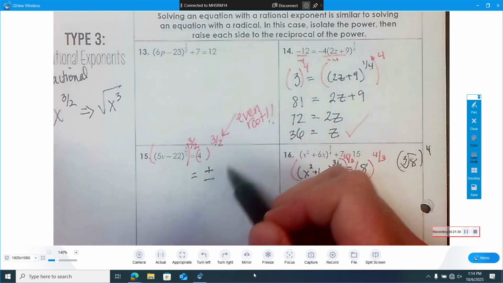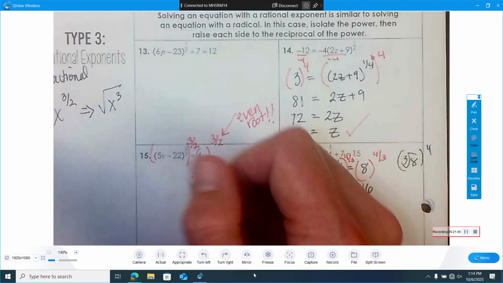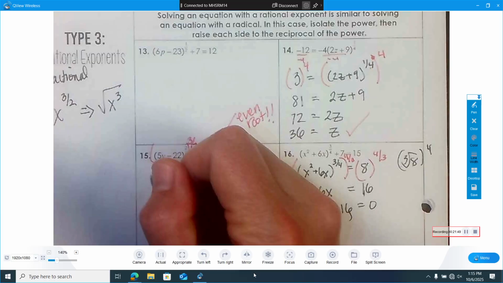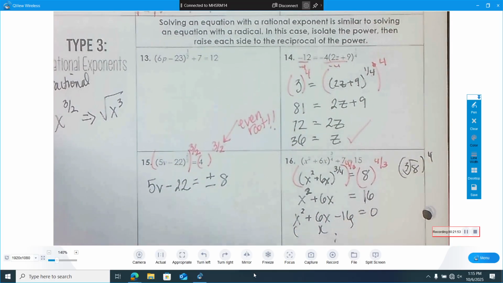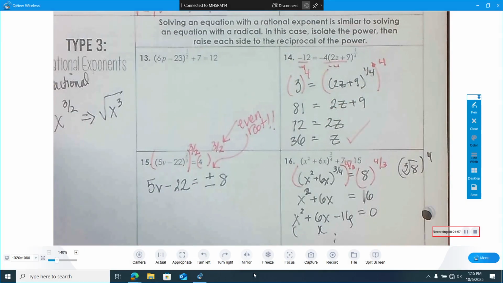But here we're taking an even root, so we have to remember that there is a plus or minus there. The square root of 4 is 2, cubed is 8, so there are two possible answers here, plus or minus 8. And that is really, really tricky on those things. Don't forget the plus or minus when you're taking an even root. Okay?